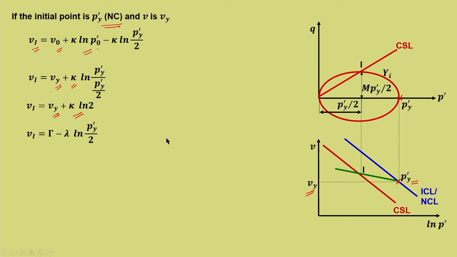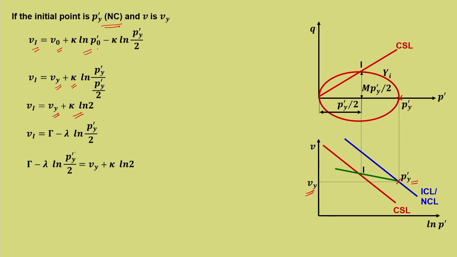Also, Vi is equal to gamma minus lambda ln P dash y by 2. So, that also we can write. If we substitute, we can get gamma minus, the same procedure for LOC, we are doing it, only the starting point is different.